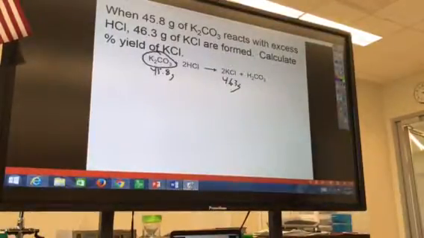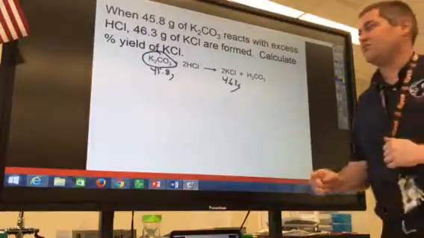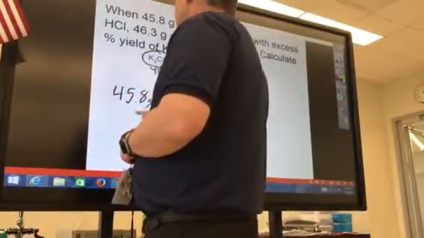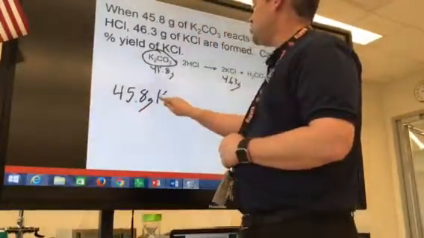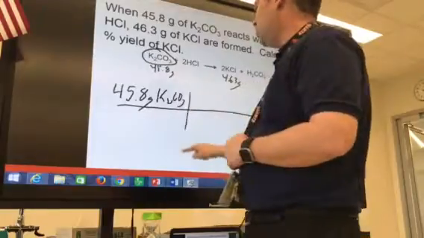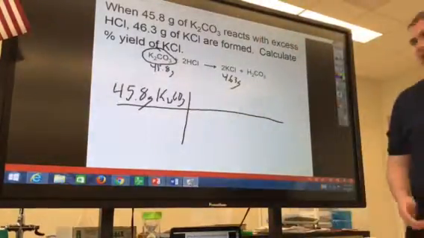So how I would do this is I would set up my equation, 45.8 grams of K2CO3. Then I would change that to moles.